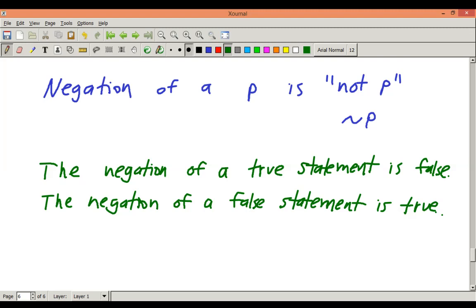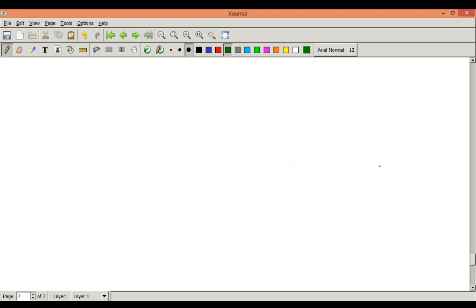Okay, so we see a lot of negation. Now we're going to talk about different types of conditional statements in the next part. And this might seem a little bit tricky to you at the beginning, anyway.